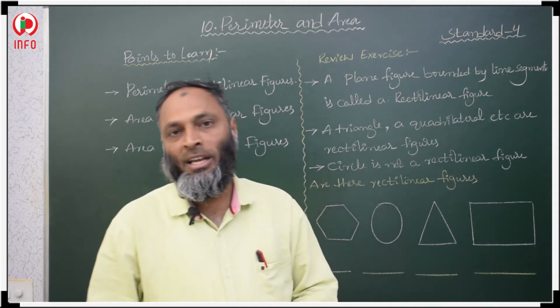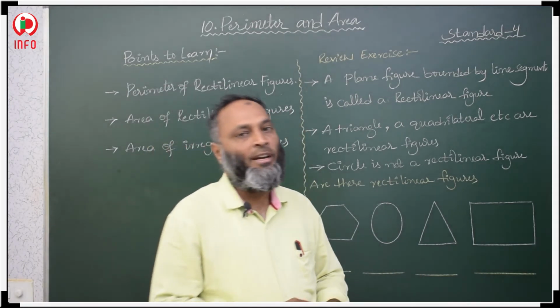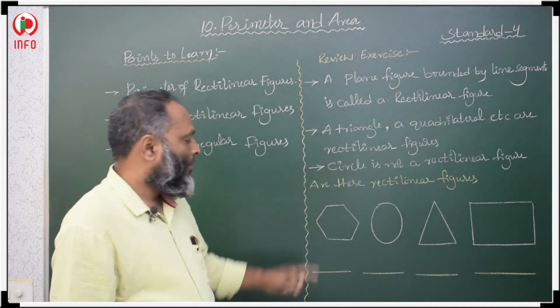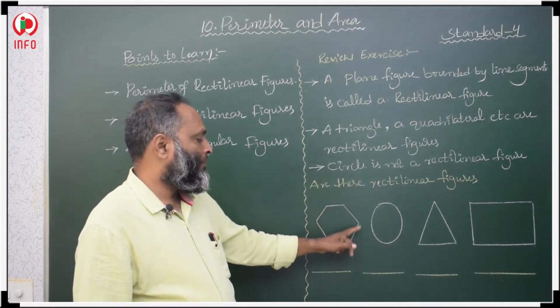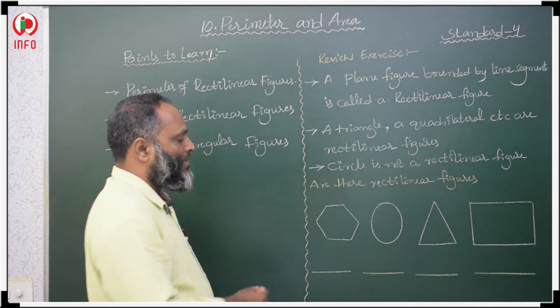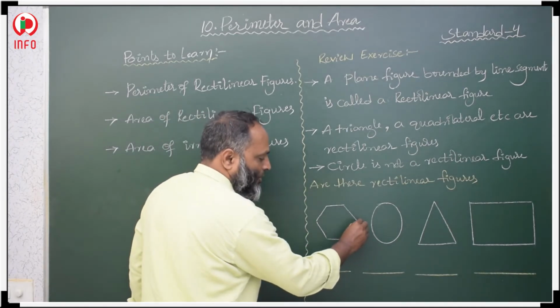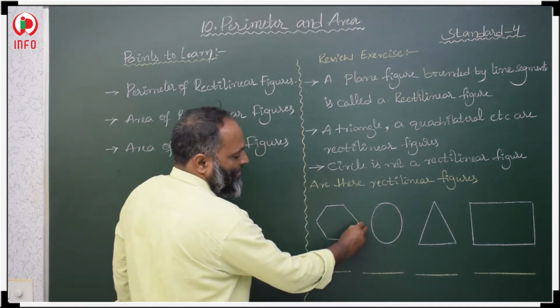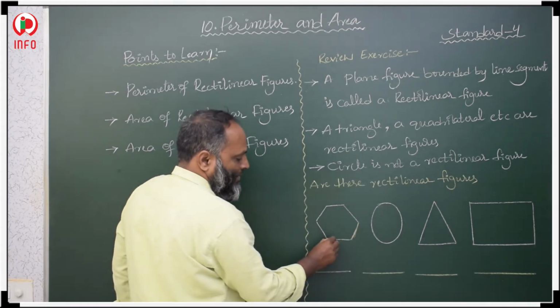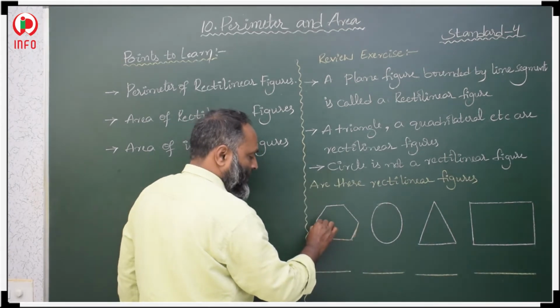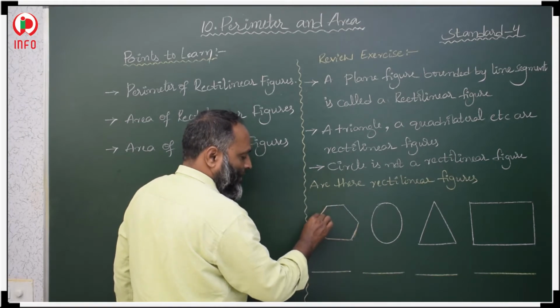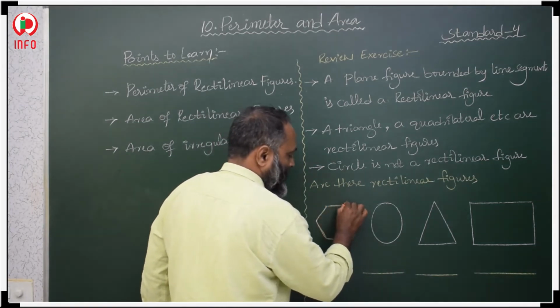Here see, it is 1, 2, 3, 4, 5, 6. Here 6 sides, bounded with 6 sides means 6 straight lines. This is one straight line, another straight line, another, another, another, another straight line.